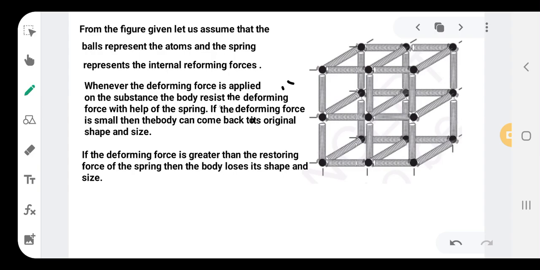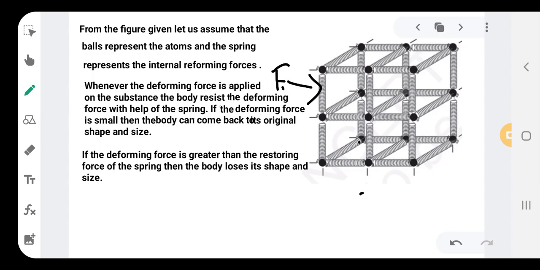So now if we apply a force here, this spring has a tendency to either expand or compress. Now if the force is within the elastic limit of this body, the body will regain its original shape and size.